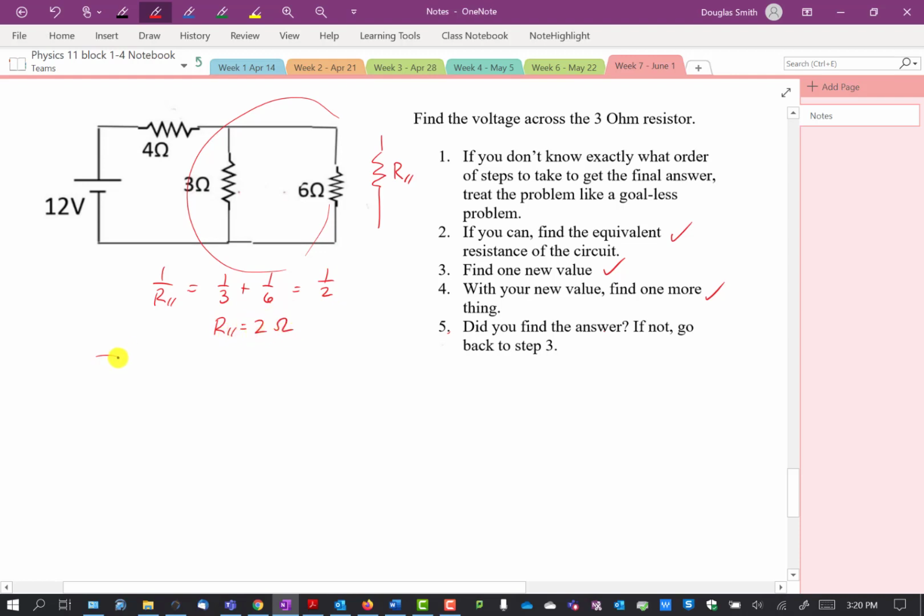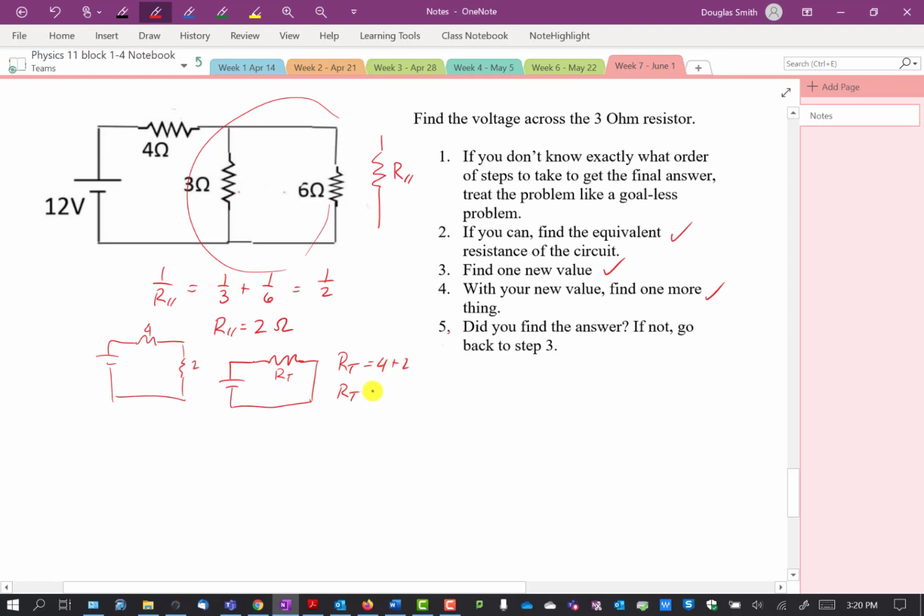And then I have a circuit that looks like this, so that's 4 and 2. I'm going to make an equivalent circuit with just one resistor. And that RT is equal to 4 plus 2.